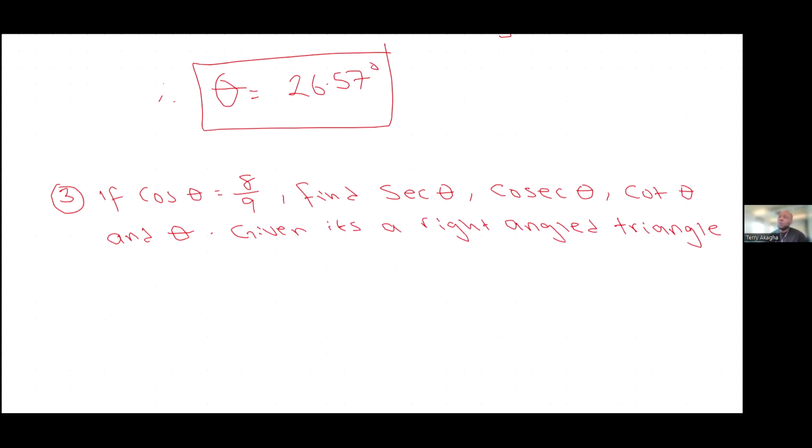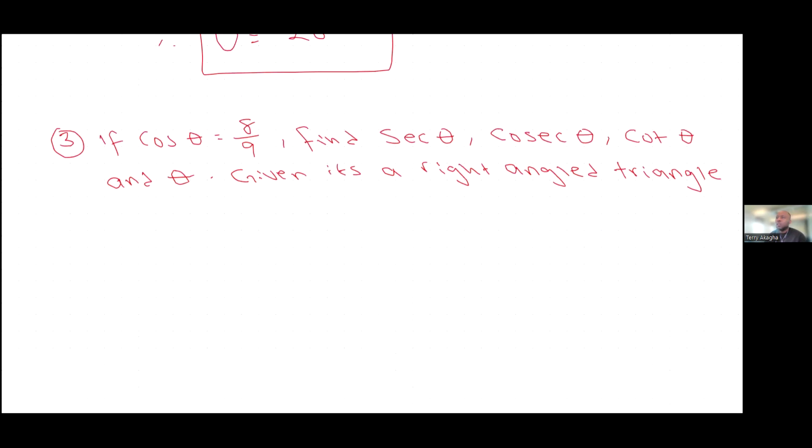So we're told that cos theta is equal to 8/9. So that means, if you remember the same thing, we have the secant. Okay, so that means the cosine, which is adjacent over hypotenuse. So that means we can say cos theta is equal to adjacent divided by what? Hypotenuse.